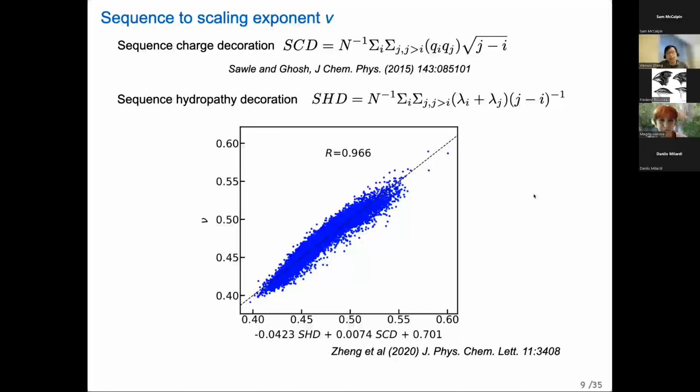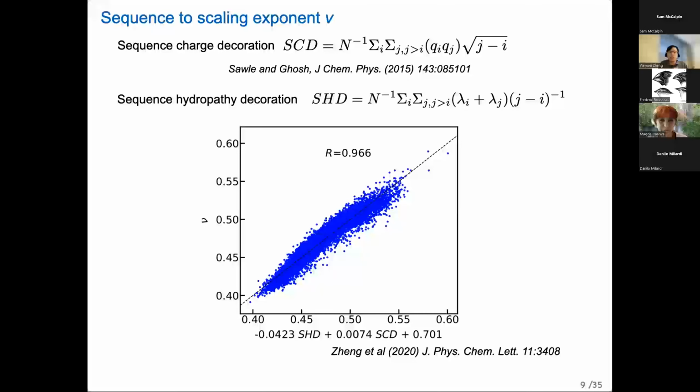With that in mind, we also introduced a very simple model trying to find how we can predict the scaling exponent directly from the sequence, taking advantage of Pappu and Mittal lab's previous finding using the sequence charge decoration, which comes from the charge patterning. Then we introduced another parameter, which comes from the hydrophobic patterning of the sequence.